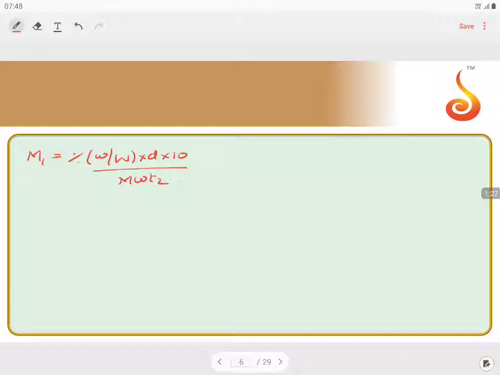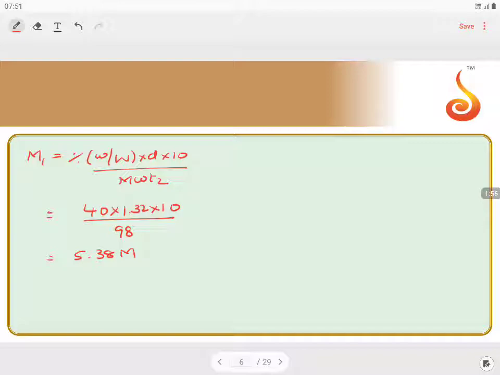It is given 40% weight by weight, so 40 into 1.32 into 10 by molecular weight 98, which is equal to 5.38 molar. See, M1 we got.